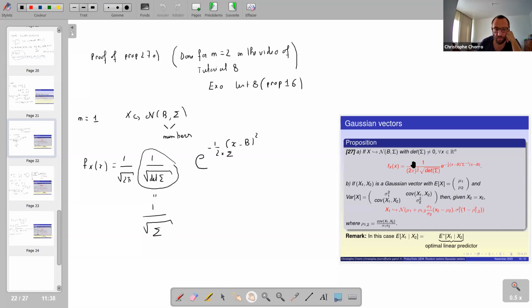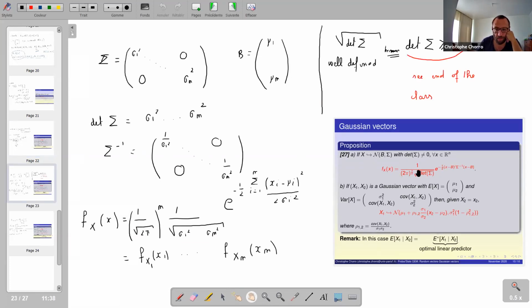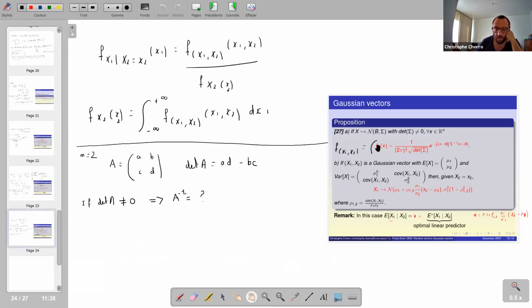I made a remark concerning this one, which you will be able to see on slide 22 and slide 24. I just say that in general, computing this conditional density is a little bit complicated, because I have to compute this ratio as usual, where the density of x2 is given by the partial integral of the joint density with respect to x1.